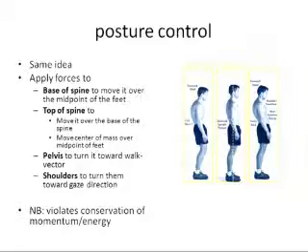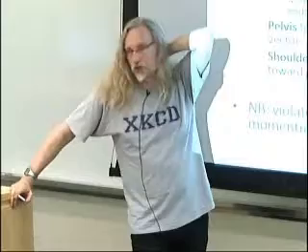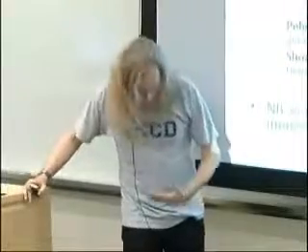Posture control works in pretty much the same way. We essentially attach a bunch of jet packs that are doing little servo loops to different parts of the body. We have a jet pack in the middle of the pelvis, which is holding it at the right height and centering it over the midpoint of the feet.